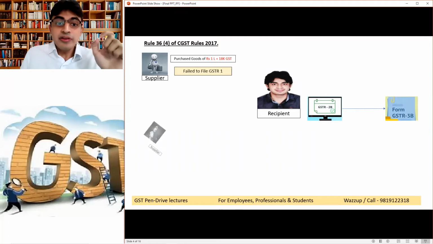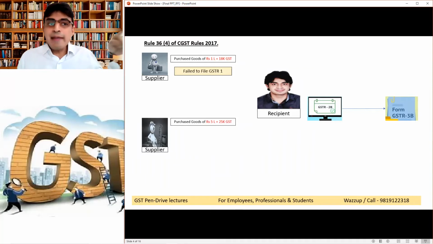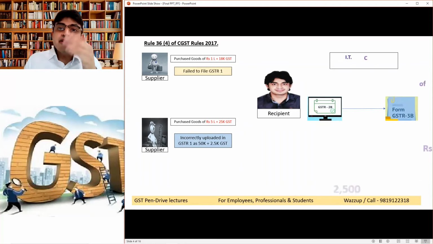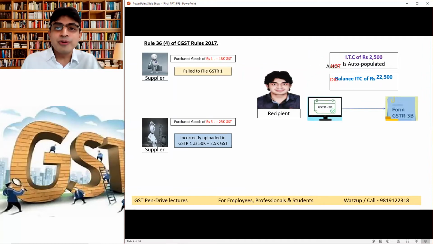Agreed? Now, similarly from a second supplier, I purchased goods of 5 lakh. I paid GST of 25,000. This supplier, instead of 5 lakh, wrote 50,000. One zero was missed. And he wrote GST as 2,500. So how much ITC got auto-populated in my 2B and 3B? Only 2,500. The balance 22,500 never got auto-populated in my GSTR2B and 3B.